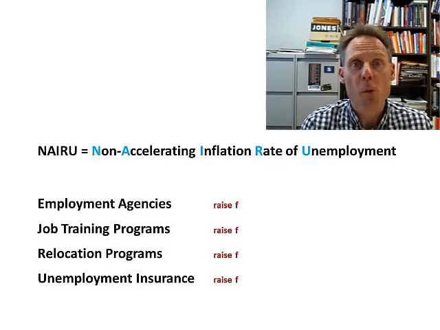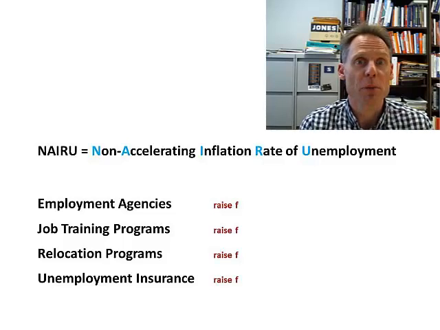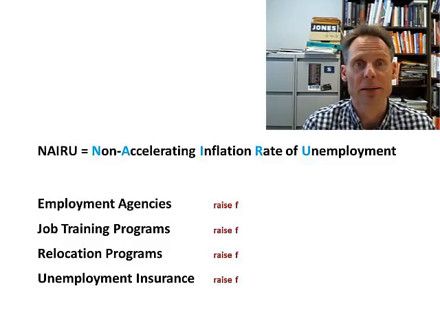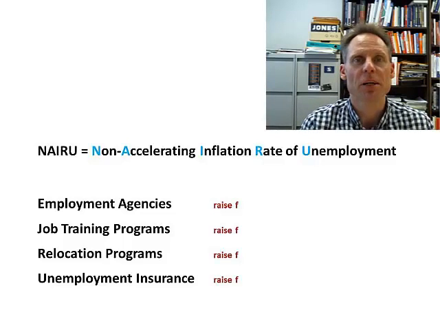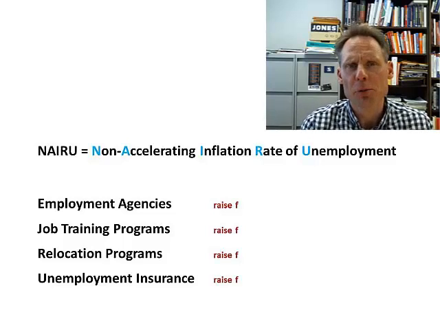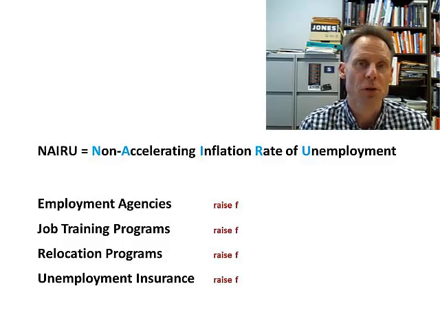All right, here are 4 examples of policies that the government can enact in order to raise the job finding rate. The first one is employment agencies. The government can establish employment agencies that act to match the unemployed people with employers who look for help.